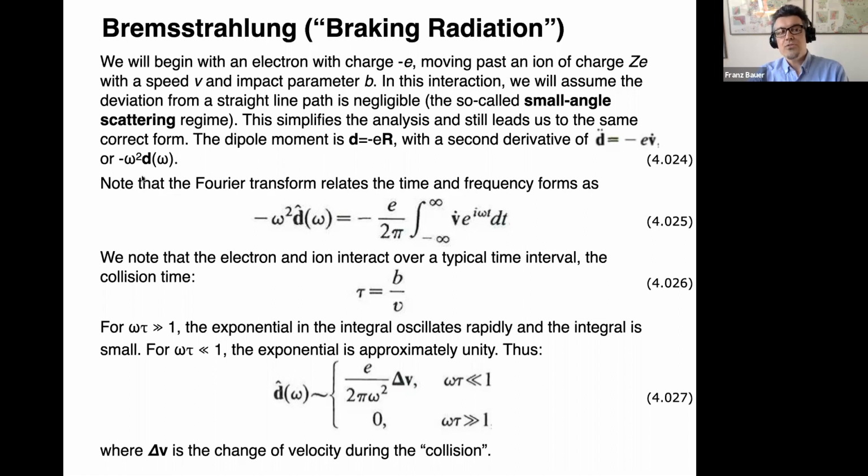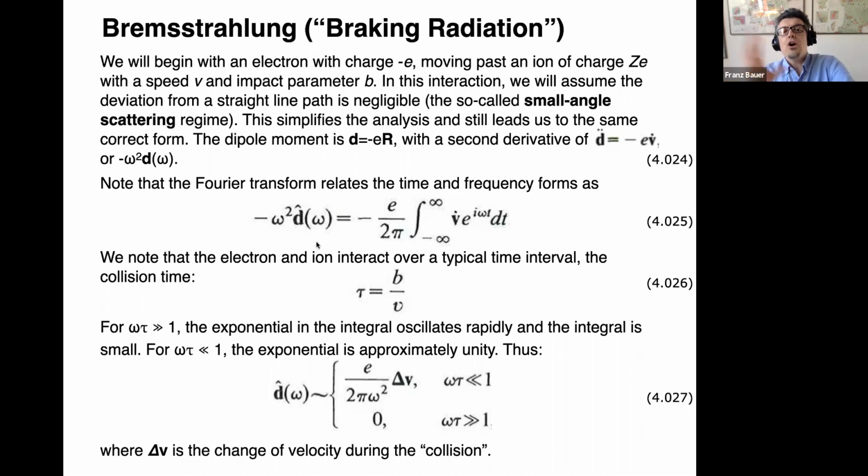In terms of frequency, the dipole moment would look like this, and the double derivative of the dipole would look like this. This comes back from lecture 3. I can't remember if it was 3B, 3C, something like that. We can then take a Fourier transform with this frequency dependence, and relate it to a time dependence like this.